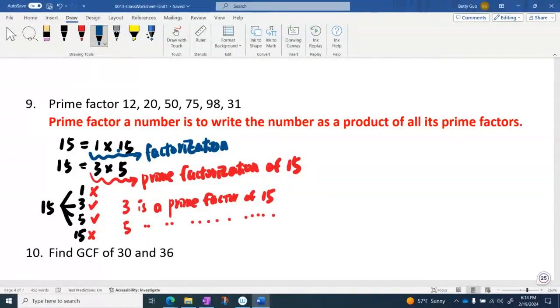Let's start from number 12. I use a big L technique. I hope you learn the technique. Whenever you need to analyze a number, whenever you need to prime factor a whole number, you are going to write the number down and then put the number on a big L. You might remember in middle school, your teacher used the tree method, but I do not like that method.